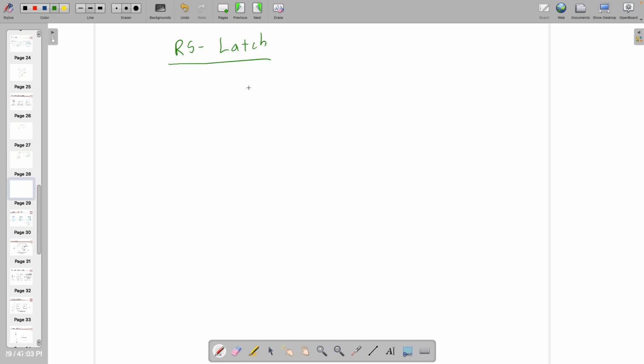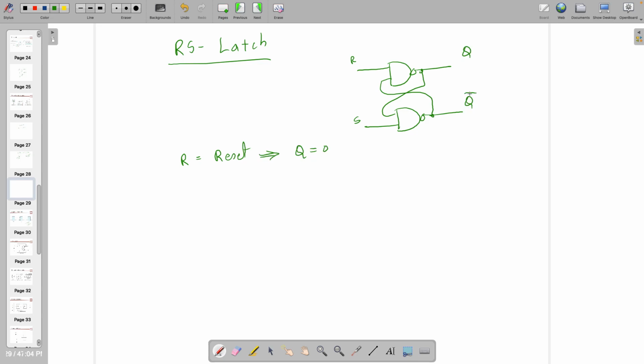And we also learned that the RS latch uses this memory element over here, right? And we have applied here the R and S. R stands for reset. R for reset means Q will become 0, and of course Q bar will be 1 at that time.